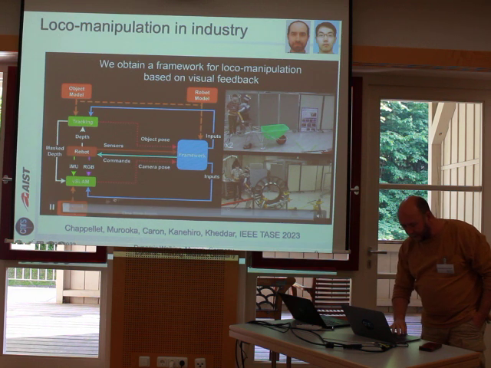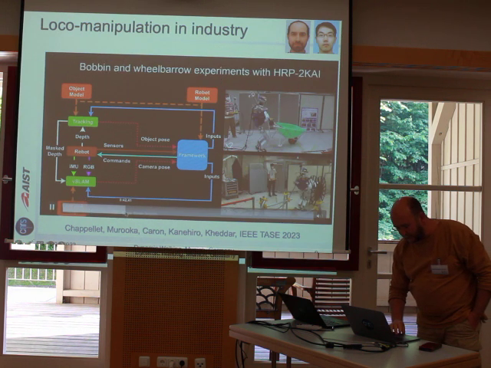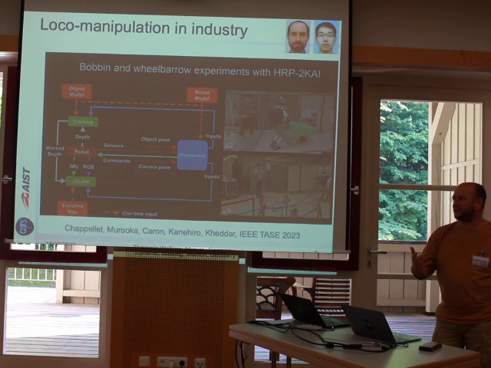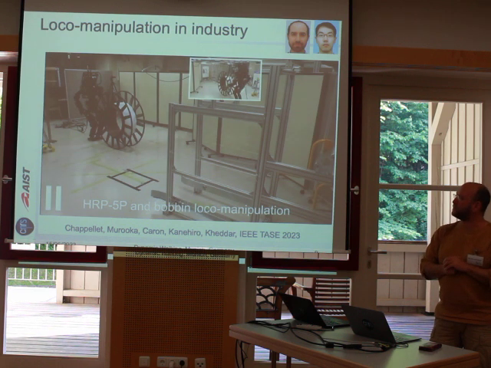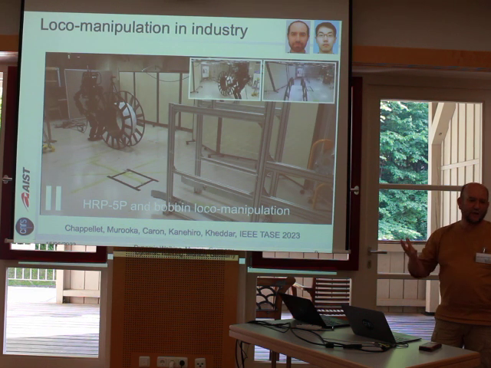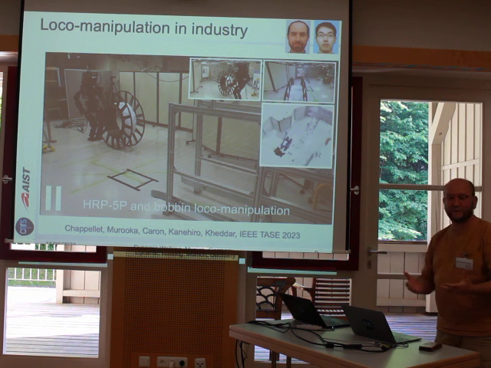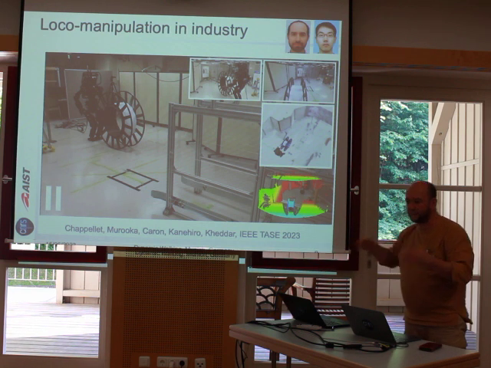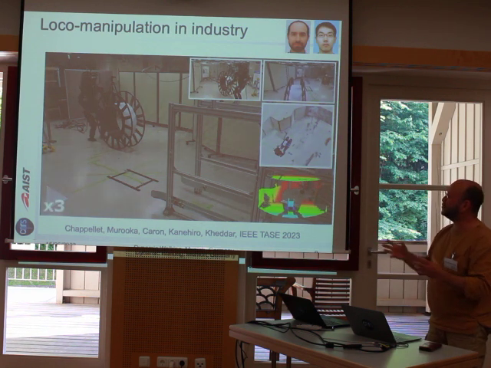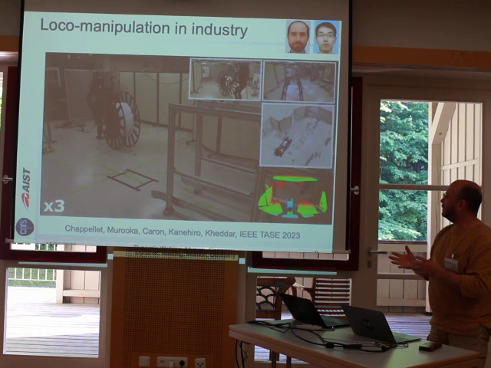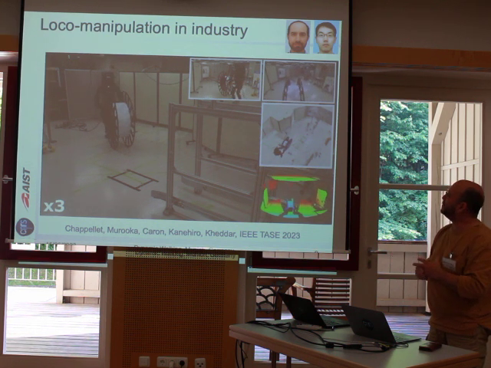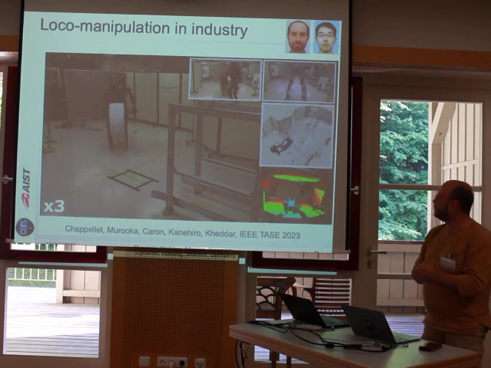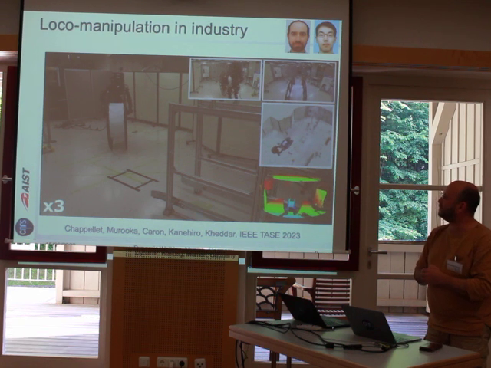Other things came up that I will not speak a lot about, but I wanted to say that we are driven a lot by industrial needs. Industry sees potential in using humanoids, but of course we have to showcase that the robots are interesting. In this work, which appeared online today, we are trying to combine SLAM and visual tracking, because we want to manipulate objects, and perception is important.